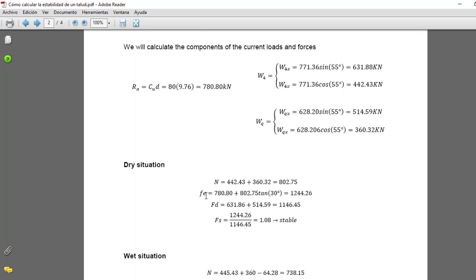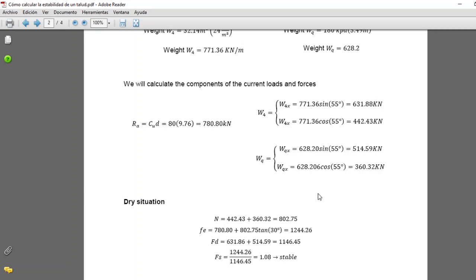And for the FE we need the value of RA, that is 780.80, plus the value of N by the tangent of 30 degrees.